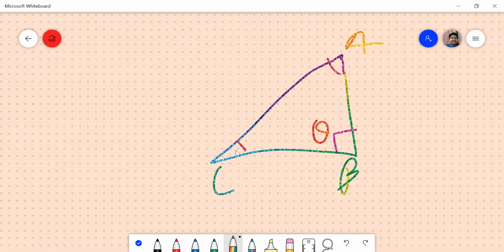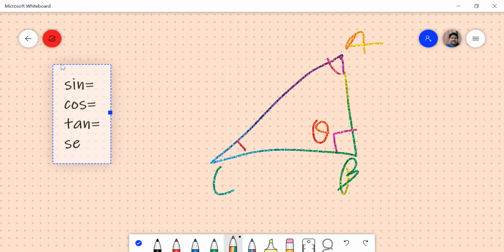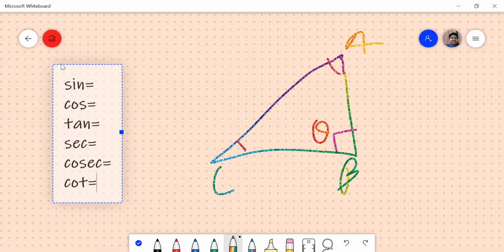Suppose A, B, and C. So in trigonometry, we have to know that there are some terms such as sine, cos, tan, sec, cosec, and cot.